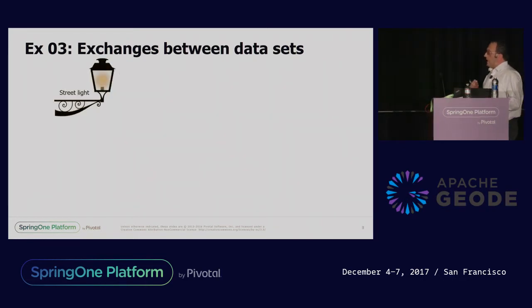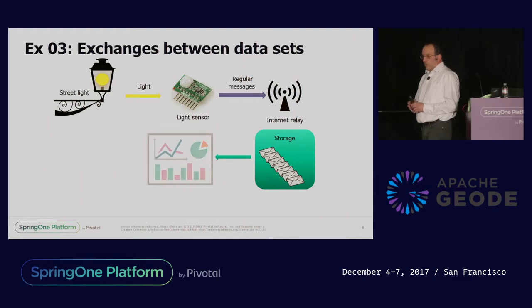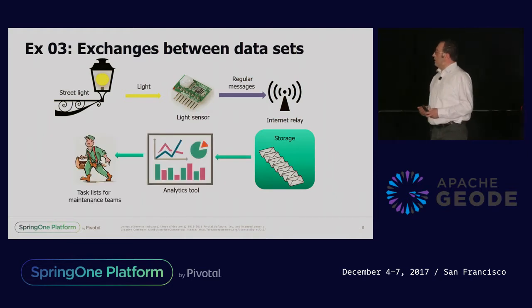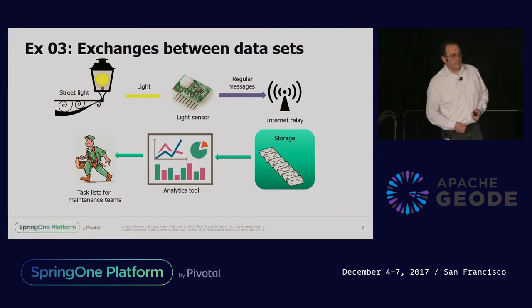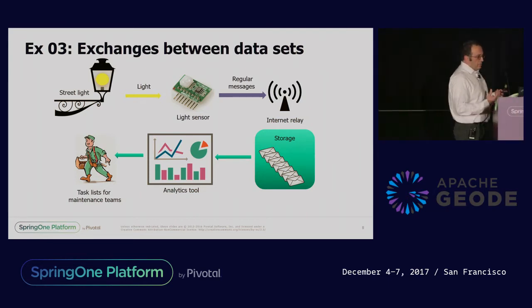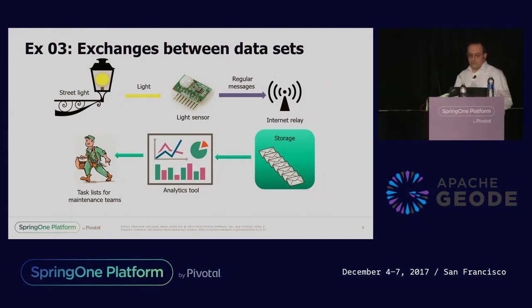We can imagine a process in that way. We have a street light. I switch on the light, it goes to a light sensor. The light sensor sends messages on the internet, and the messages are put in a storage system. And then we use an analytic tool to generate a maintenance list for the team.